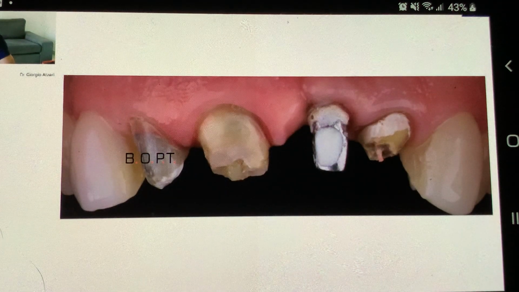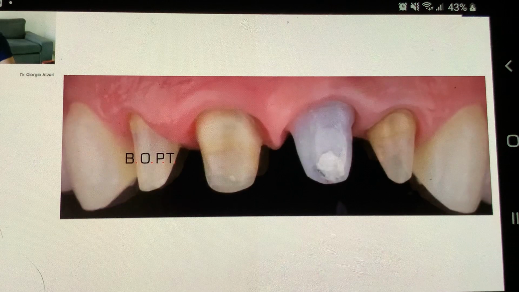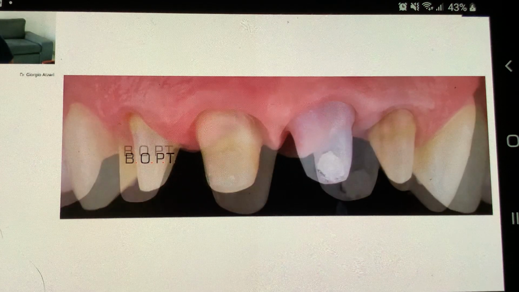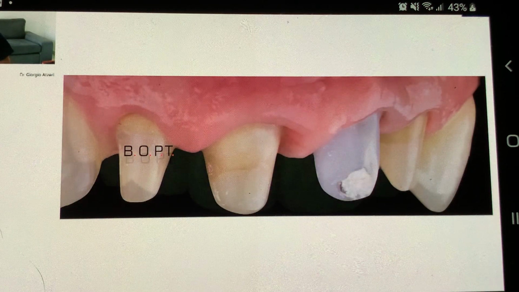So what we did was approaching in a very simple way with the BOPT technique these crowns on natural teeth, and with the implant, and also the veneers on the canines and the premolars.